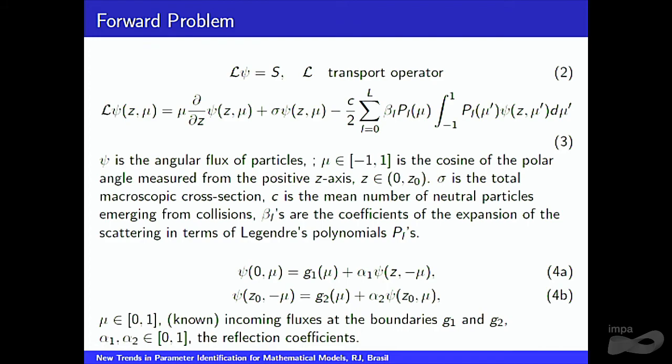I consider the slab with thickness Z0, and the other coefficients I already mentioned before. For this problem, I consider boundary conditions. That means that I know some incoming fluxes on the boundaries. And for this case, I also consider some specular reflection.